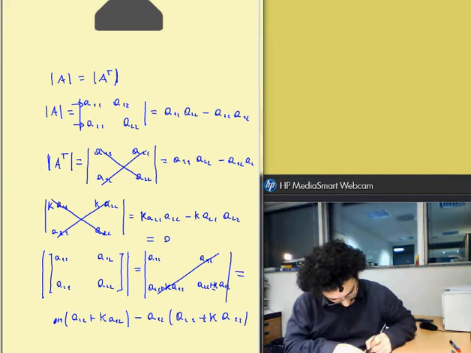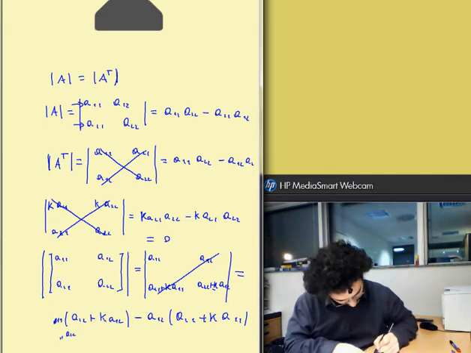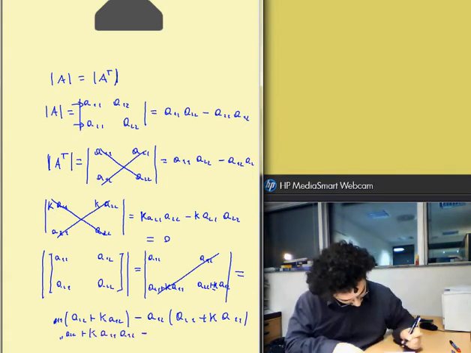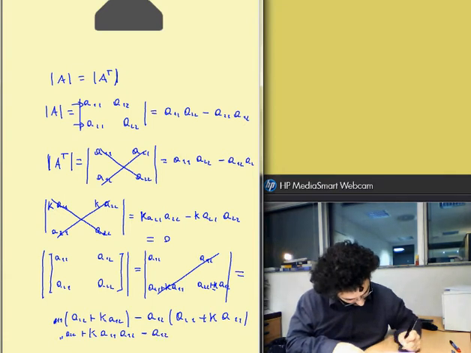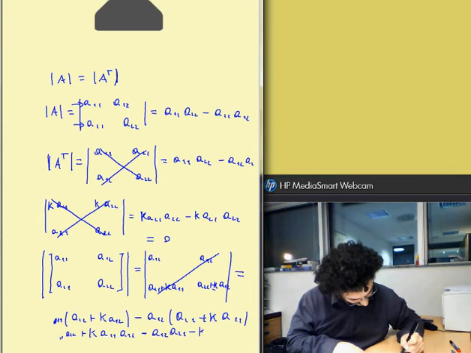This is equal to A11 A22 plus K A11 A12 minus A12 A21 minus K A11 A12.